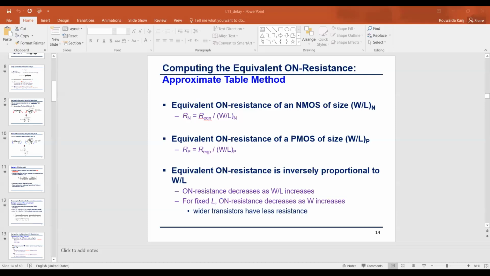And for C3 the same, it will be R1 plus R2 plus R3. And lastly, for Cn it will be multiplied by R1 plus R2 plus up to Rn.